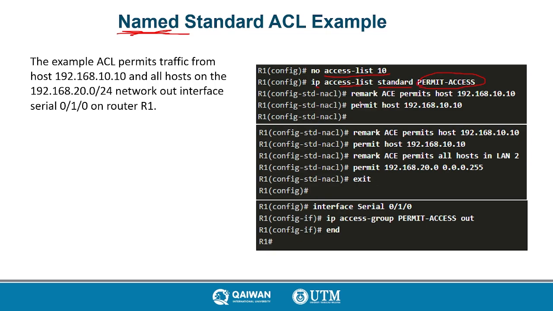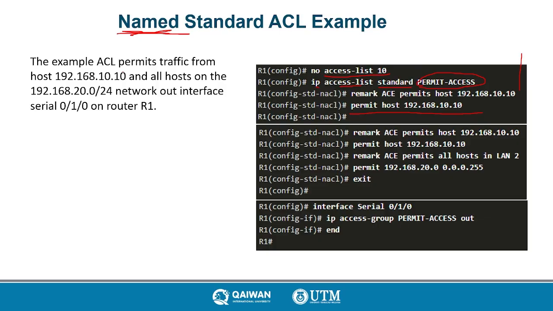In the remark we will put a message: remark ACE permit host. This is a message. And here it says permit host 192.168.10.10 like the previous one, and we will try to mimic it this time, not with a number but with the name. So it is totally just the same.